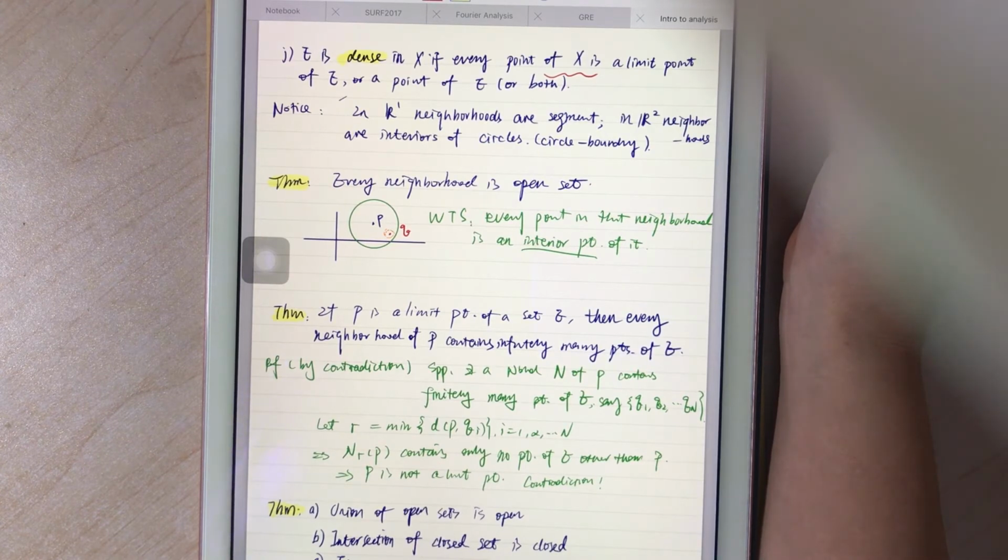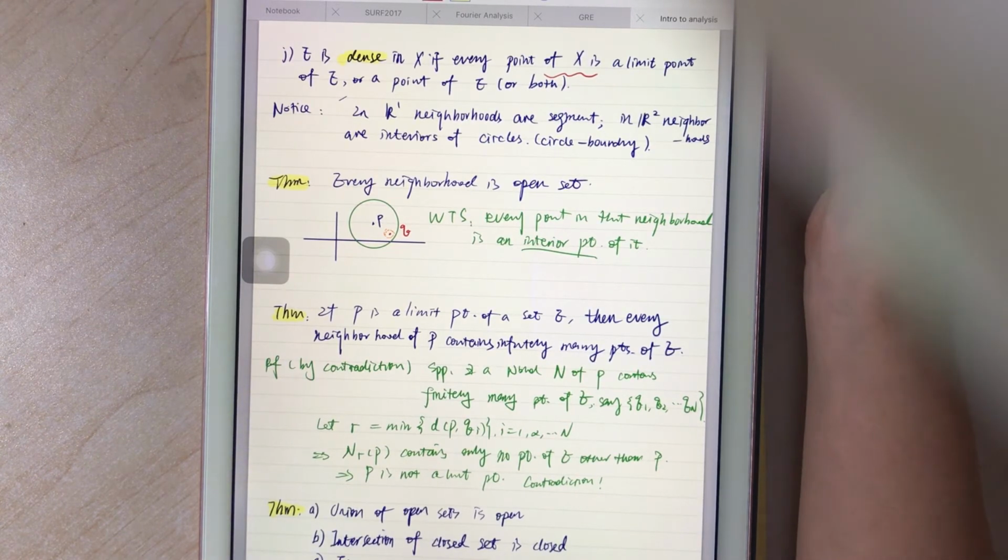Actually, I think you will find that these definitions on metric space and those we mentioned in the previous case on the real line are pretty much similar. It's actually the same because the real line is just a case of a metric space, right? So it has to be the same. Well, we didn't actually mention neighborhoods on the real line, but you can imagine the neighborhood on the real line is just some line segments.